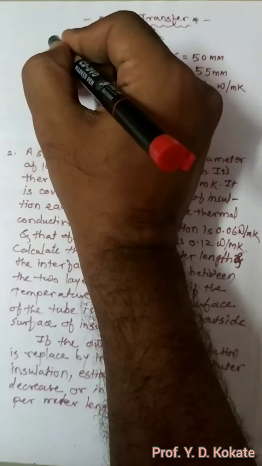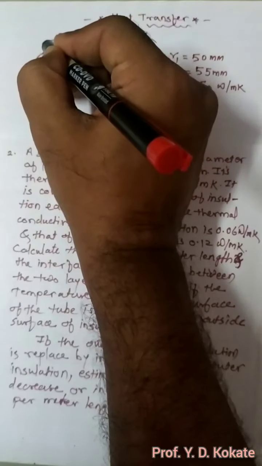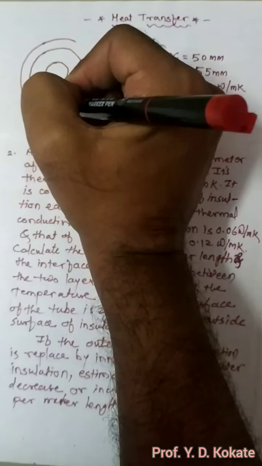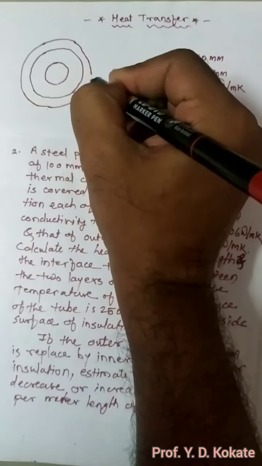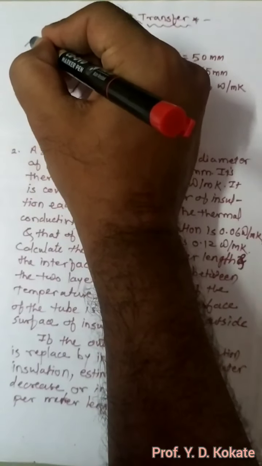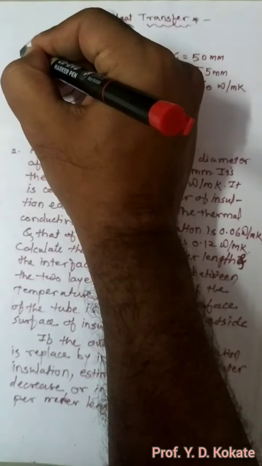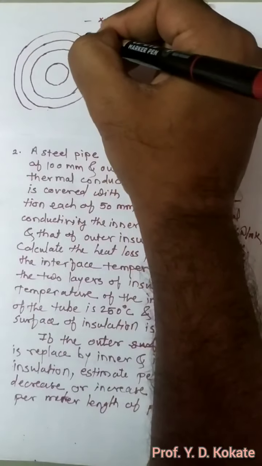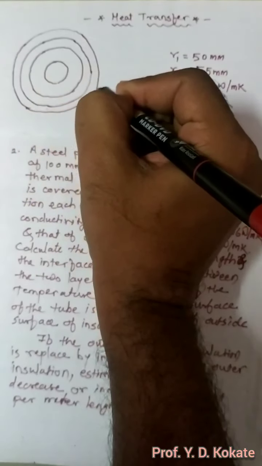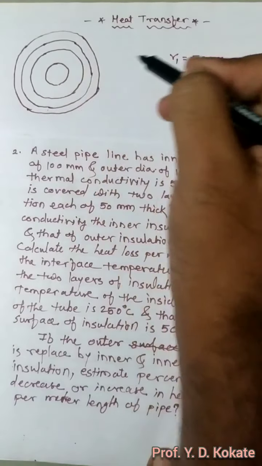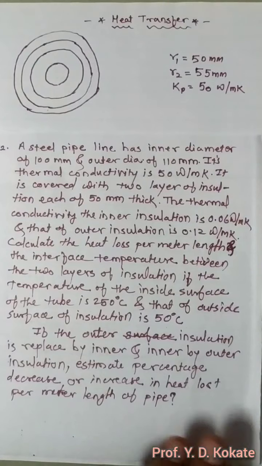So first of all I draw the two cylinders. This is 50 mm and this is again 50 mm. Assume that this radius is uniformly distributed.